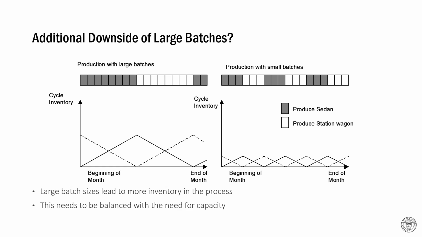The increase in inventory can result in higher holding cost, more space requirement, and potential for waste due to obsolescence or damage. Therefore, as we optimize our operations, it is crucial to strike a balance. We need to manage batch sizes in a way that maximizes capacity and utilization, but without leading to excessive inventory.